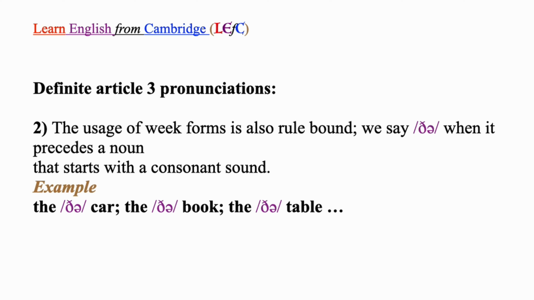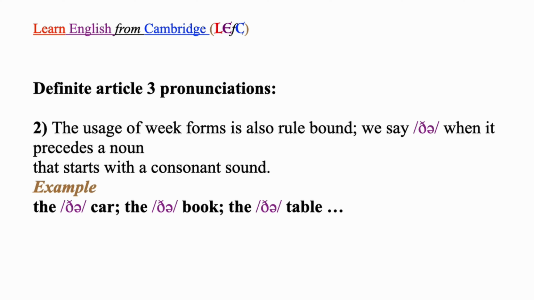Now the usage of weak forms is also rule governed. We say thuh when it precedes a noun that starts with a consonant sound. Look at these nouns: car, book, table.